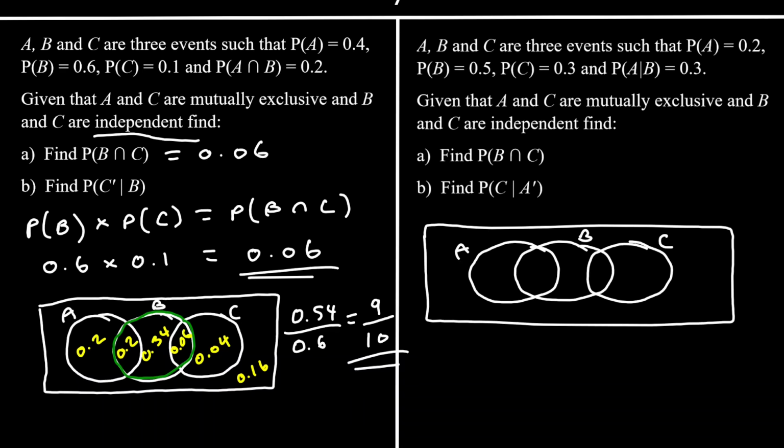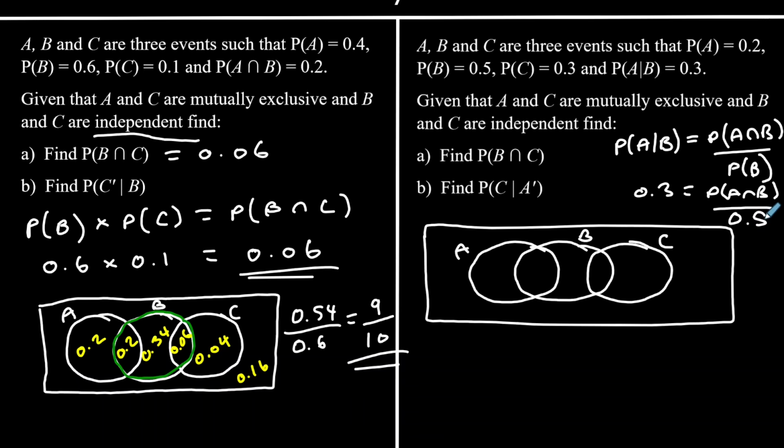We know the probability of A given B, and that's going to be the probability of A and B divided by the probability of B. So I'm just going to work out the intersection. So it's going to be 0.3 equals the intersection divided by 0.5.